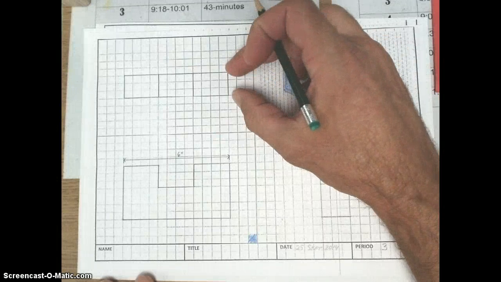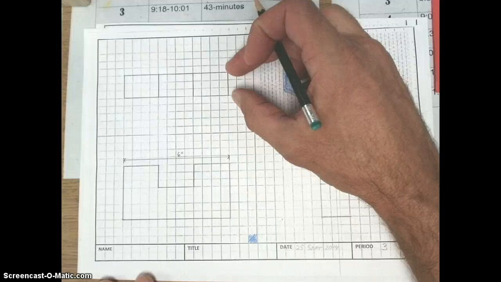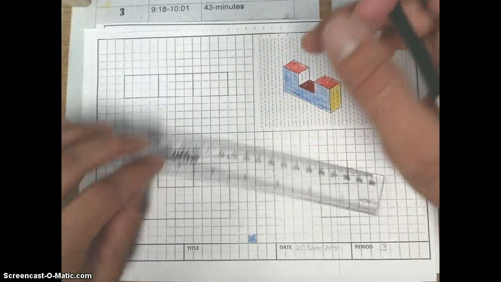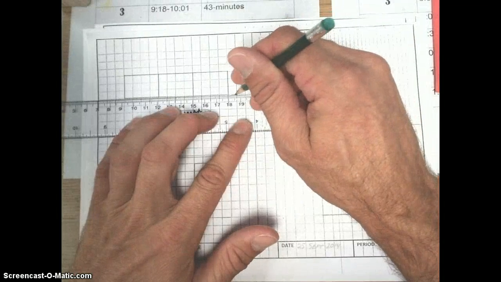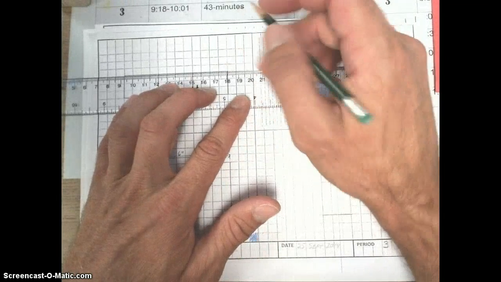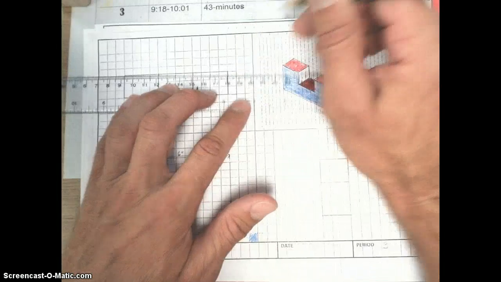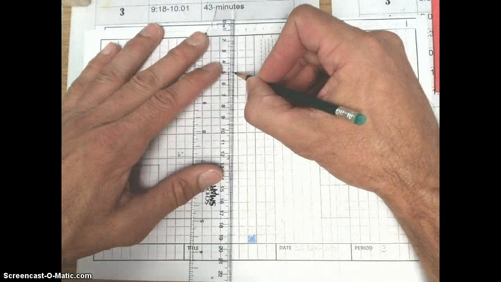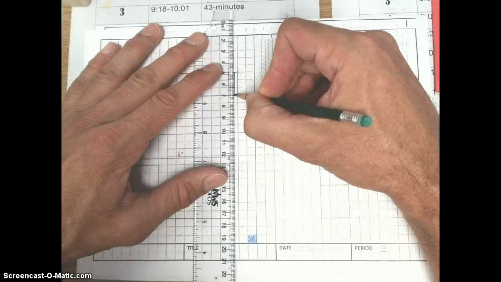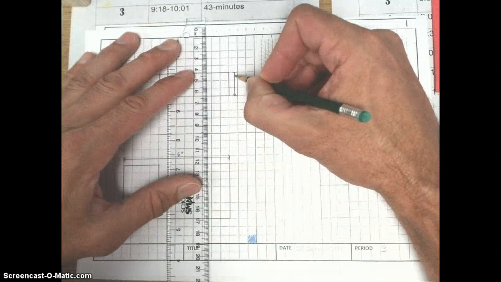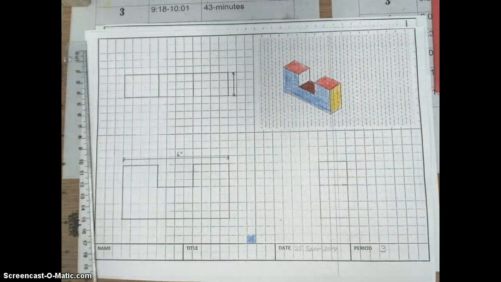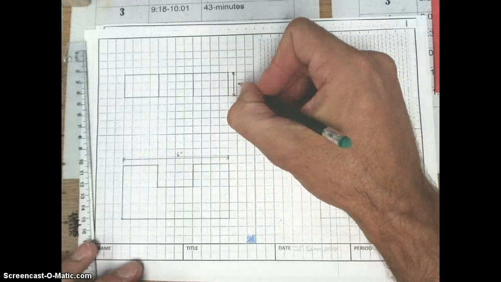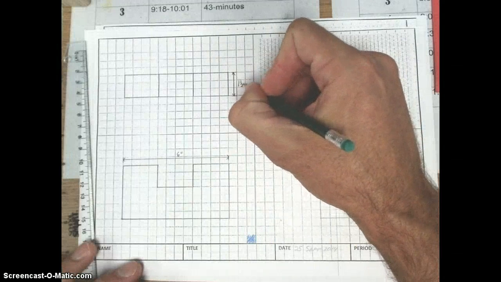On the top view, what was this other dimension we did? That dimension is what? Depth. Thank you. Depth or thickness. So I'll get my extension lines in there. My dimension line. And 3 squares in the real world equals 1.5 inches.